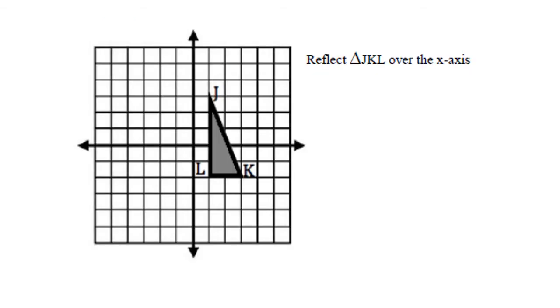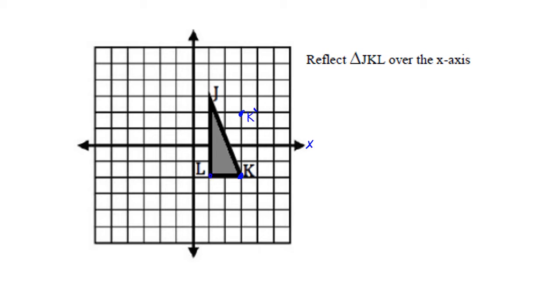Next example, we're going to flip the following triangle, JKL, over the x-axis again. Even though it lies on the x-axis, we can still flip this pre-image over the x-axis. Let's look at K. Point K is 2 below the x-axis right now, so we always reference the point to our reflection line. So right now it's 2 below. It is going to end up 2 above. So that's going to be K prime.